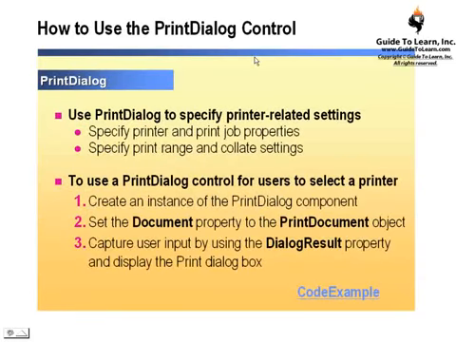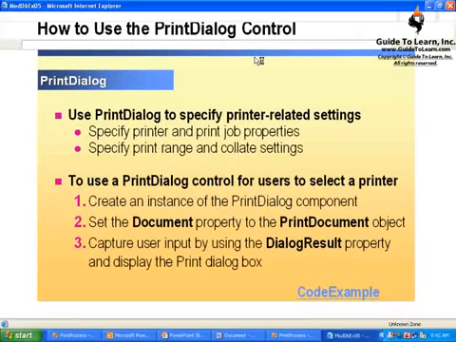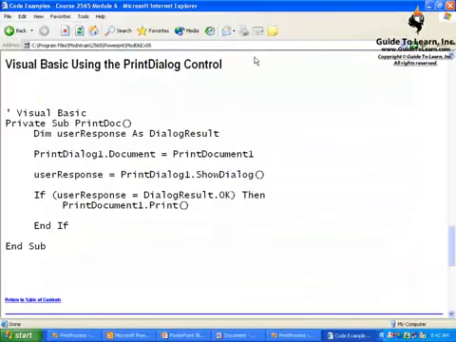But let's take a look at this example here. As you see, all we're doing is print dialog, and the document has to be set to the document object that you have. And then depending on the dialog result, you allow yourself to print or not. Because as soon as you click print, if you click cancel, you shouldn't print, obviously. So the print result is important.